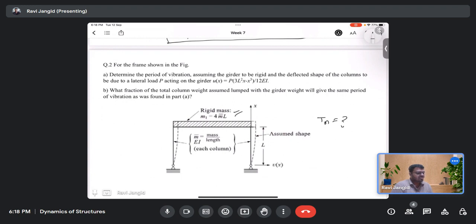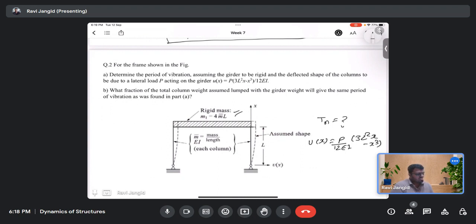The shape function is not given, the deflected shape is given in terms of ux, that is ux is given as p over 12 ei into 3l square x minus x cube.